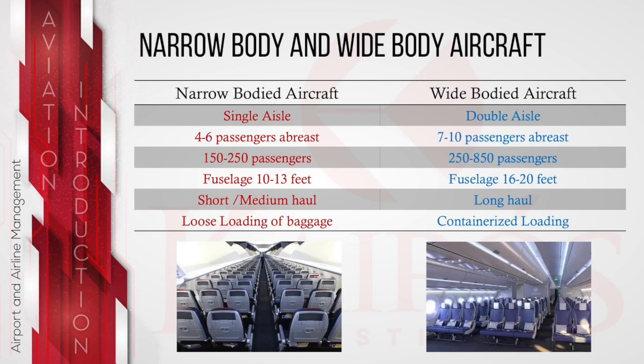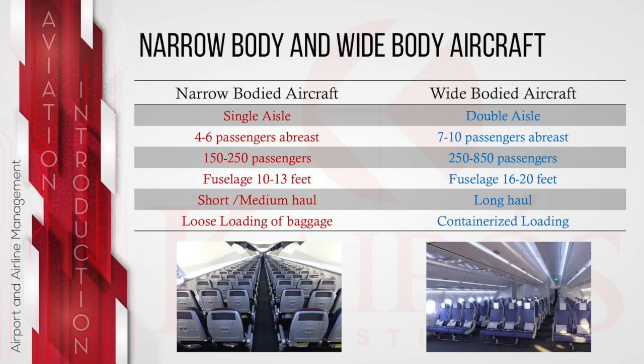All commercial aeroplanes manufactured till date are either single aisle or double aisle. Therefore, narrow-bodied aeroplanes have single aisle and wide-bodied aeroplanes have double aisle.